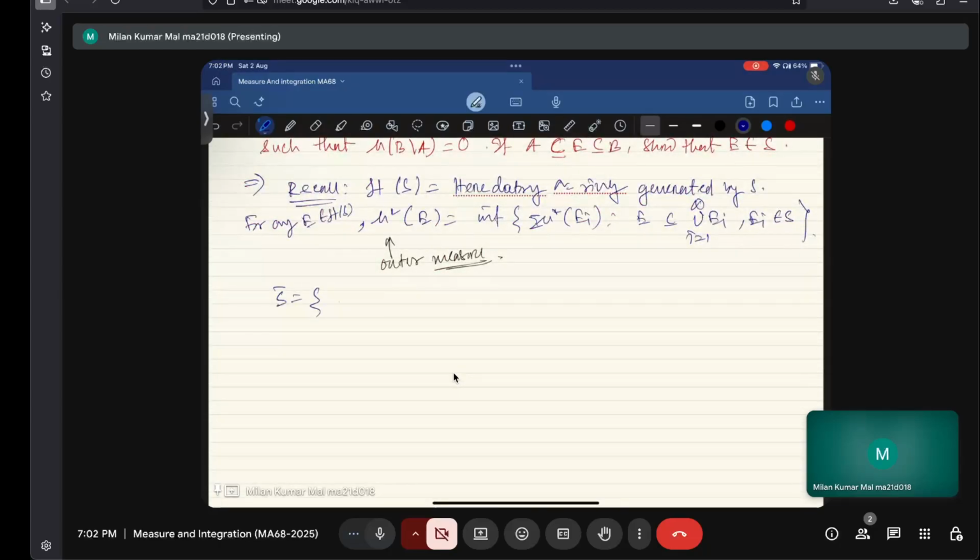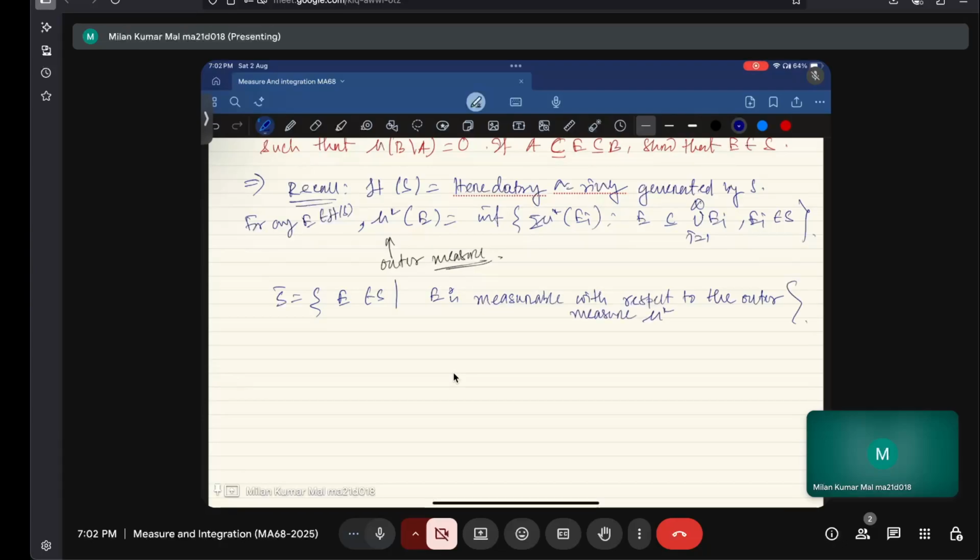Now with this outer measure, S bar is equal to the collection of all those sets E belonging to HS such that E is measurable with respect to the outer measure mu star.